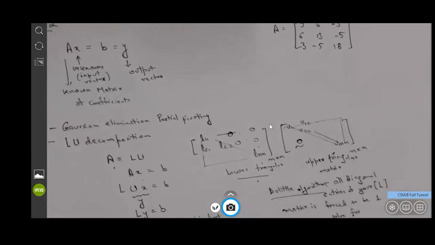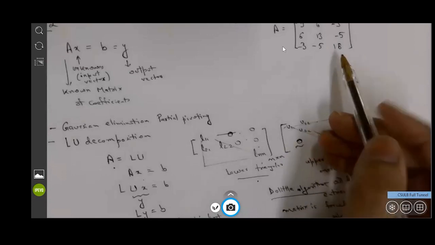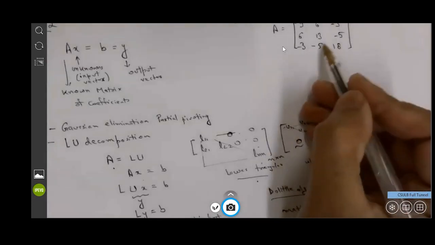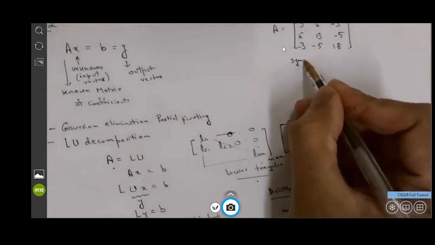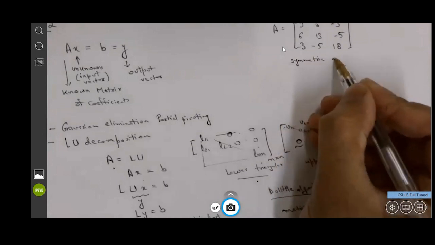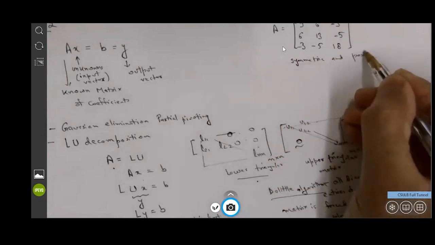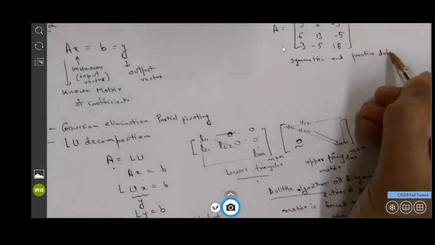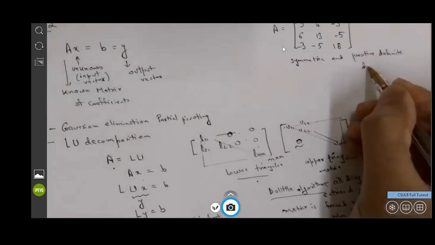So you get this matrix, which is symmetric, and as it is symmetric and positive definite, positive definite basically means that the determinant of A is greater than 0.